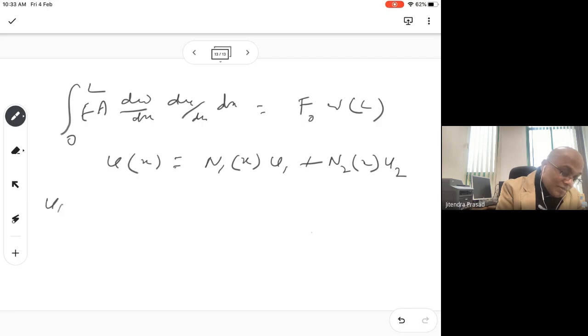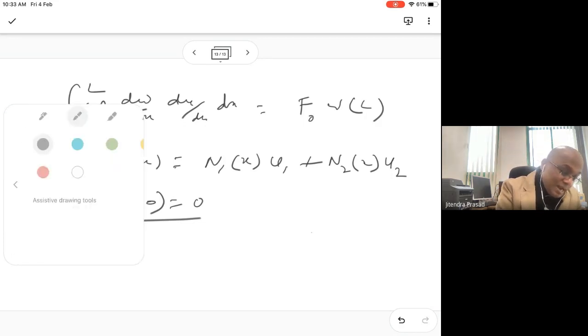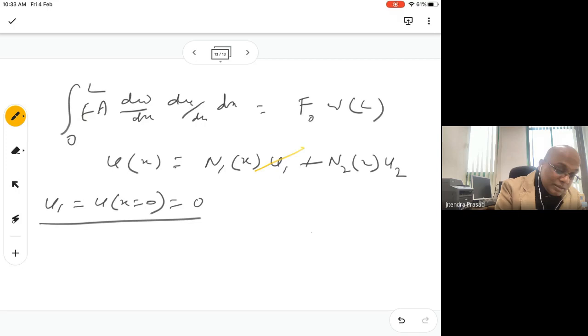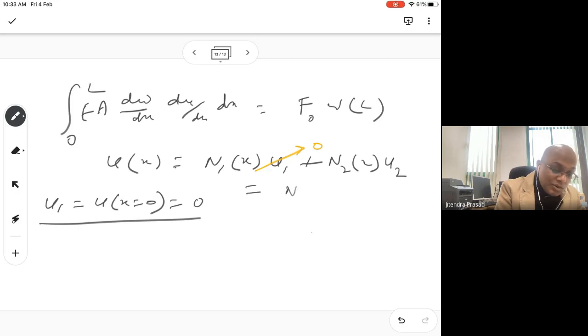U1 is nothing but U at x equal to 0, which is equal to 0. We have that. So we can put that 0 here, or simply we get Ux equal to N2 x U2, right? Okay.